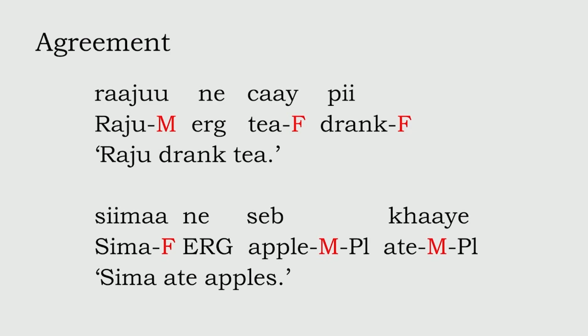Remember, seb is the type of noun in Hindi which does not end with a long vowel a. Therefore, if we know this noun is masculine, then we know that it is not going to change its shape or form.